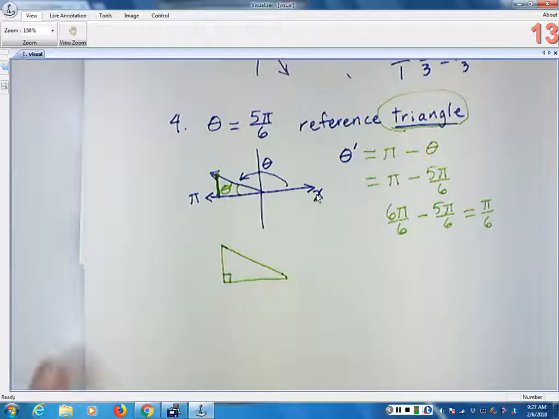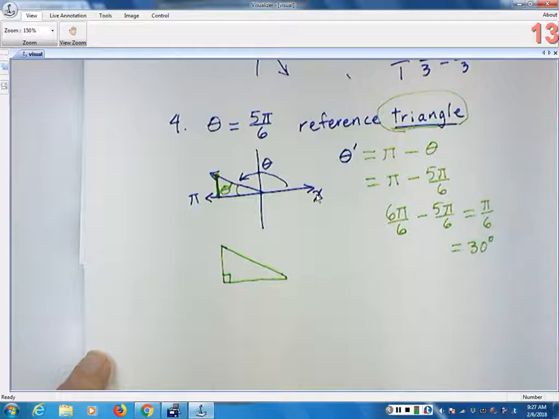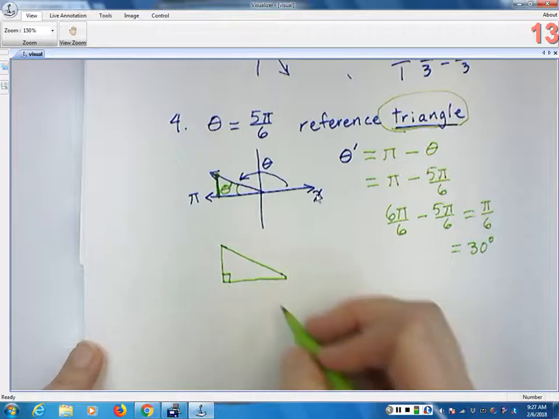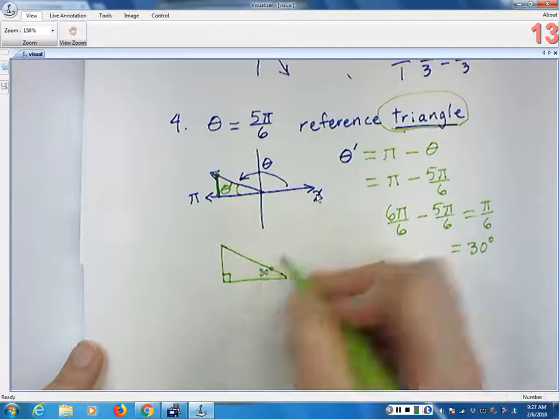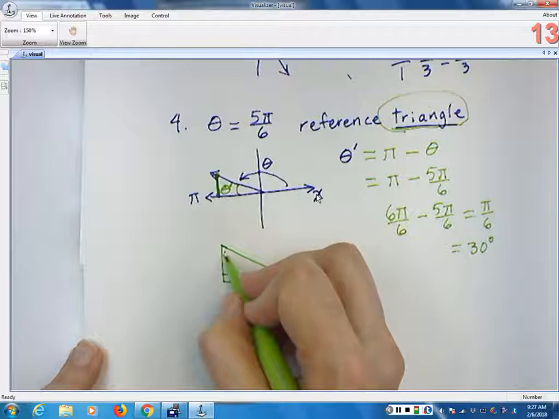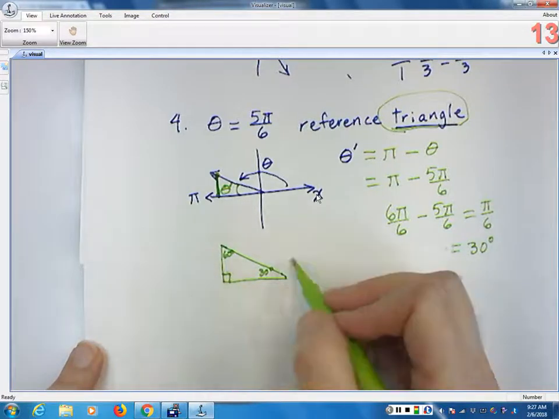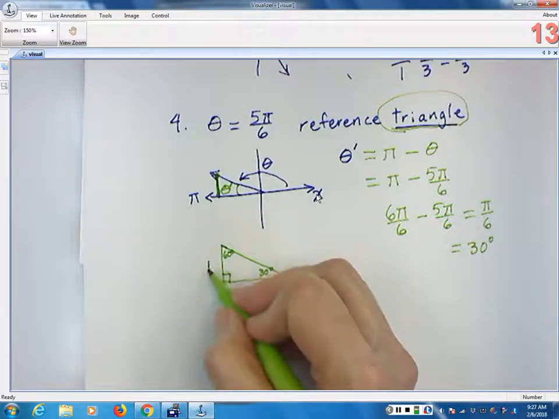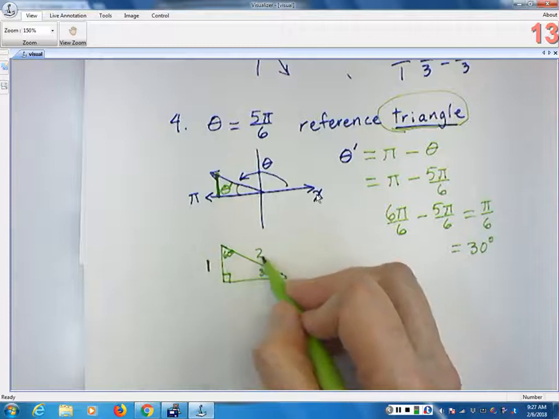It's 30 degrees. That's one of the ones they recommend you memorize. 30, 60, 90 triangle. Yes, this is a 30, 60, 90 triangle. So this is 30, and this is 60 and 90. So the short side is half of the hypotenuse. So this is the standard 30, 60, 90 is 1, and we make this 2.